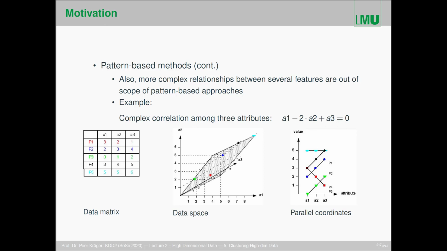If you have a look into the feature space, those points depicted here in the data matrix are all located on a common hyperplane in this 3-dimensional feature space. So we have the three features A1, A2, and A3, and the points that have a complex linear correlation are on a specific, common hyperplane.